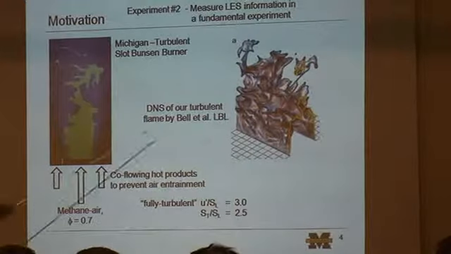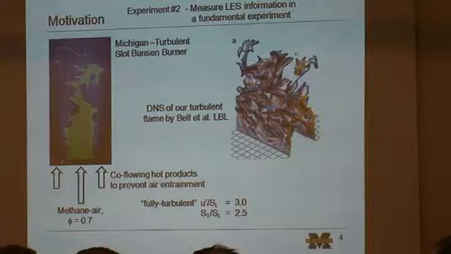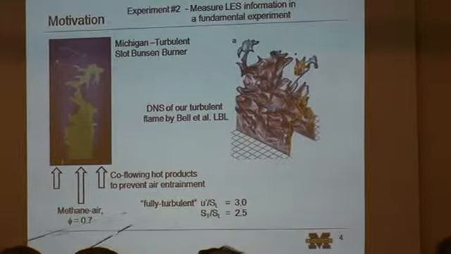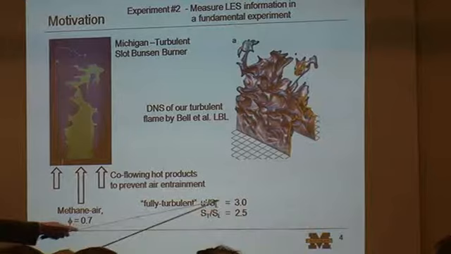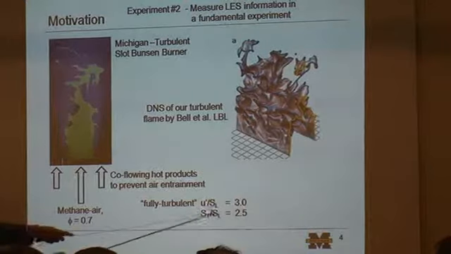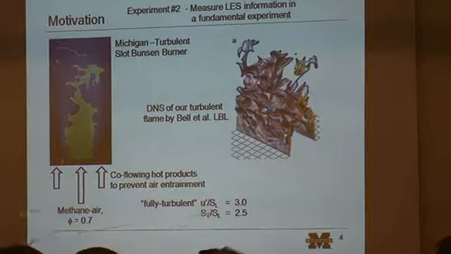John Bell at LBL has simulated this with DNS. It's a very simple flame. Now, it's not very turbulent. We call it fully turbulent, but it's not intensely turbulent. It's sort of intermediate turbulence. The velocity fluctuations are about 3 times the laminar burning velocity, and the turbulent burning velocity is twice the laminar burning velocity.